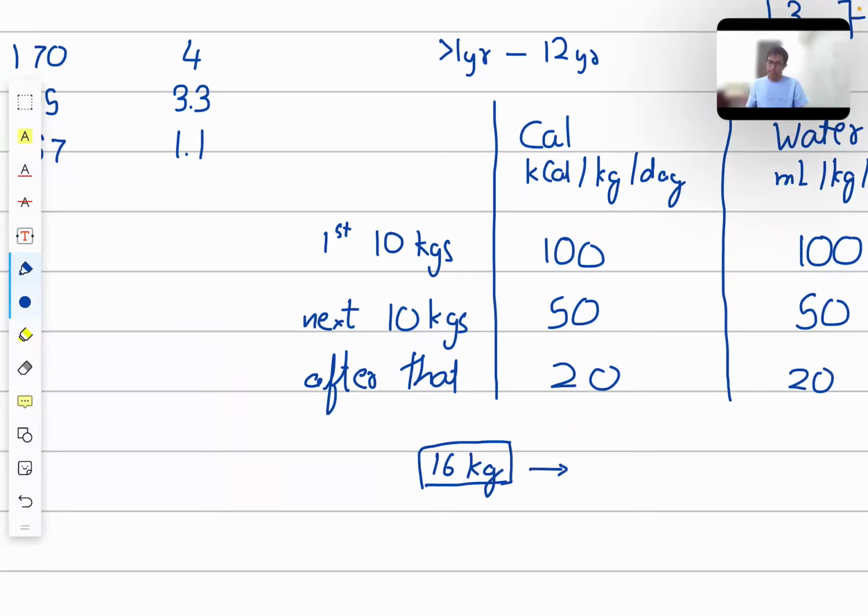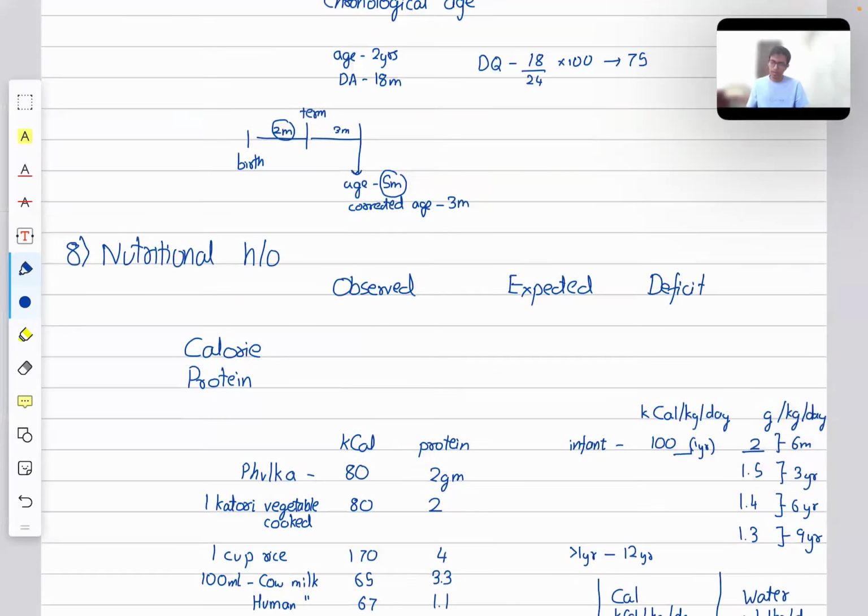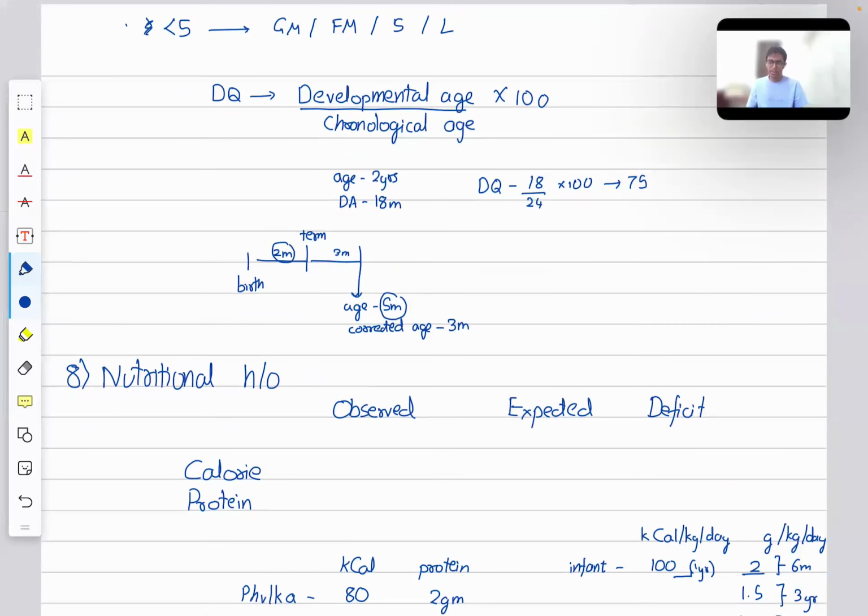So at 16 kgs, for the first 10 kgs, multiply by 100. For the next 6 kgs, multiply by 50. And it comes out to be 1300 kilocalorie per day. Okay. So that will be your expected. Subtract it and you will get your deficit.